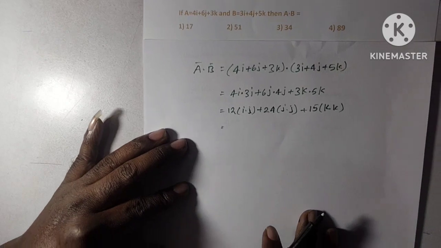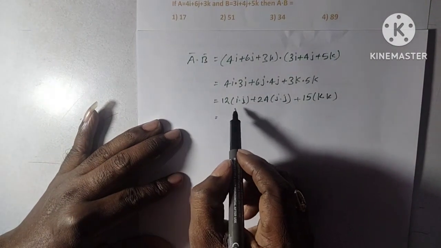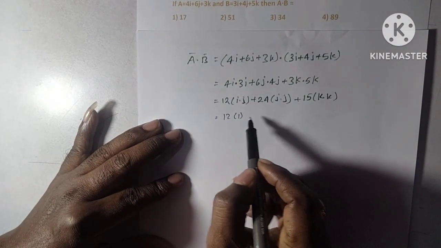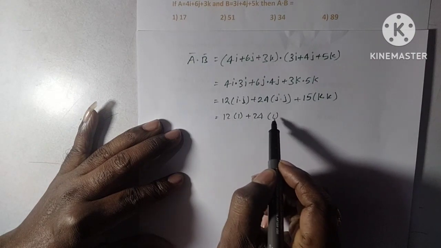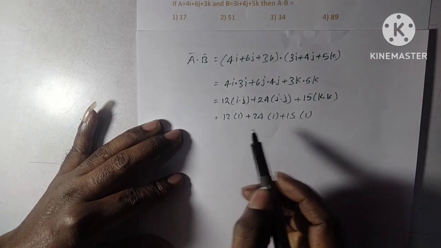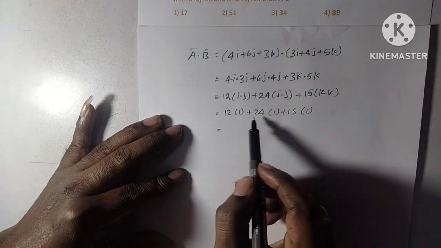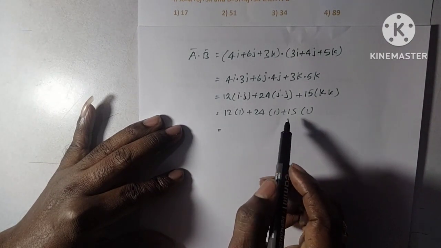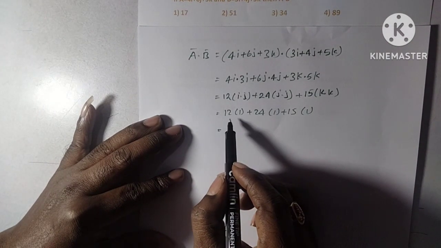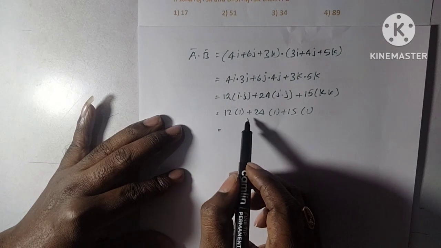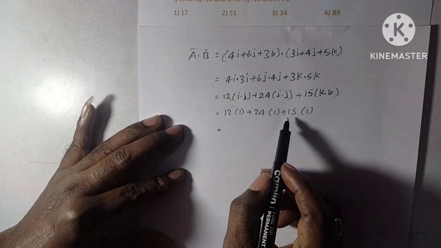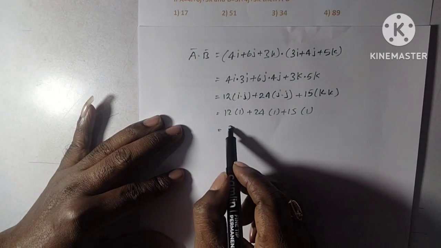That equals 12 into 1 plus 24 into 1 plus 15 into 1, which is 12 plus 24 plus 15. 24 plus 12 is 36, plus 15, so you will get 51.